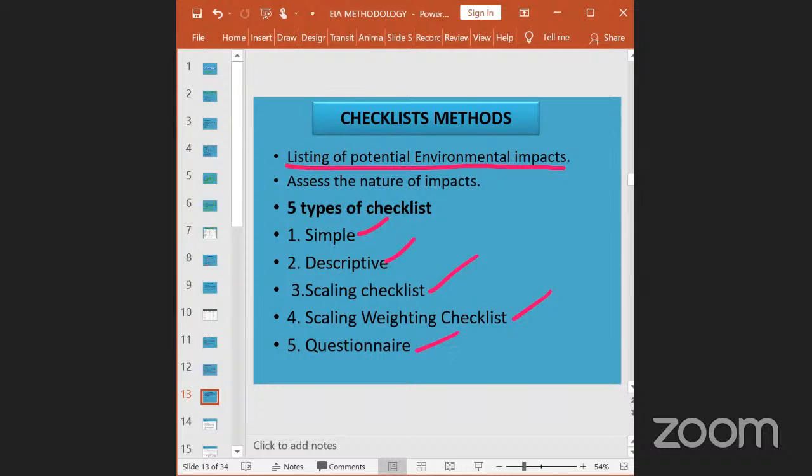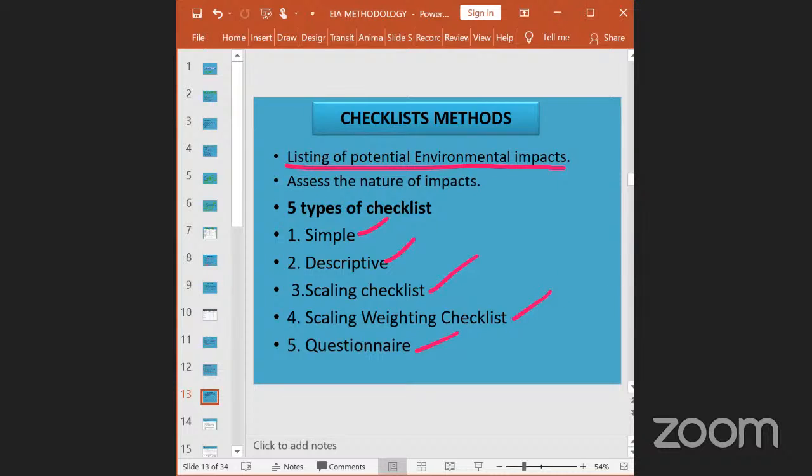Simple checklists are simple lists of environmental parameters, and no information is needed regarding the magnitude or importance of the impact. This checklist can recognize resource or environmental components which are affected due to particular activities.